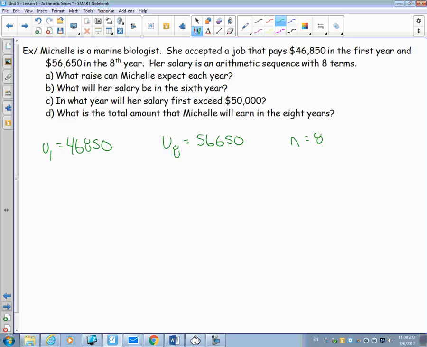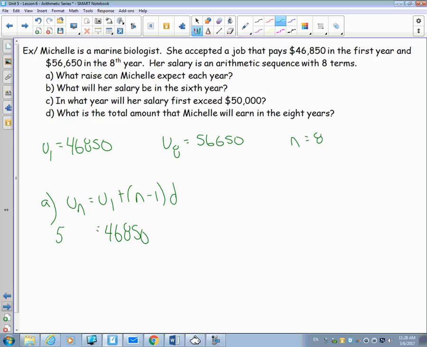What do they want to know in part A? What raise? Her raise is the difference from one year to the next. So we're going to have to solve for it. We can solve things using the U equation: Un equals U1 plus (n minus 1) times d. We know first term is 46,850. We know the 8th term is 56,650.